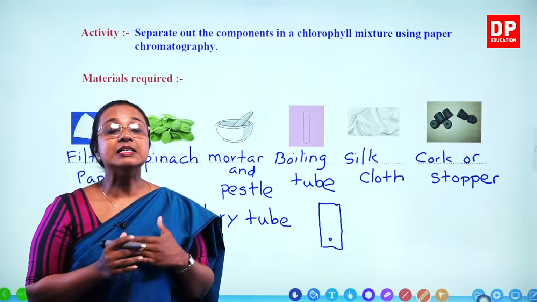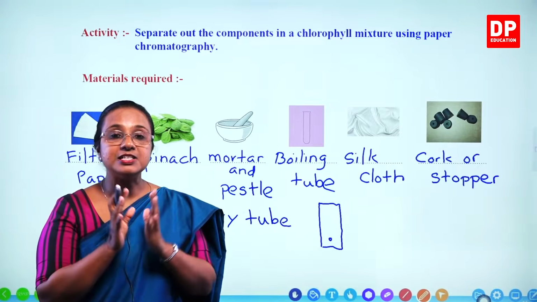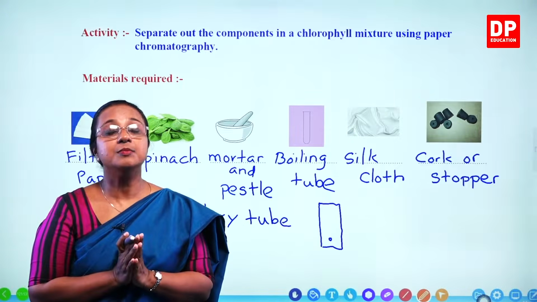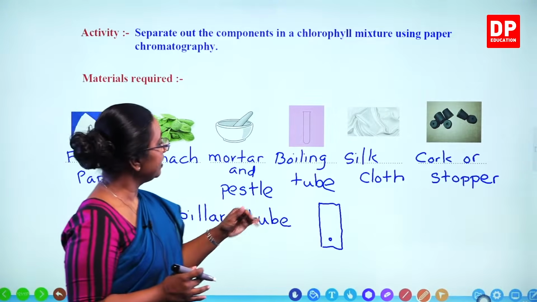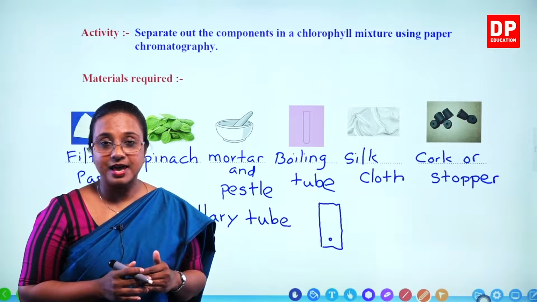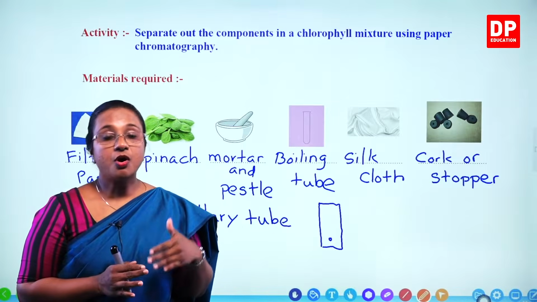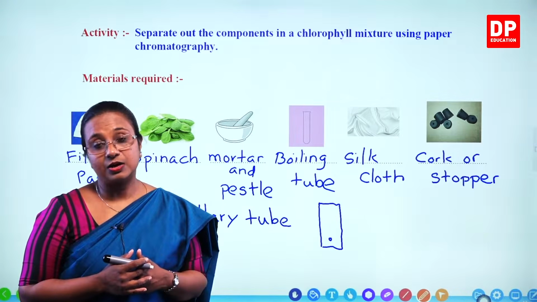That will be the stationary phase. The paper is the stationary phase that is ready to be dipped in the mobile phase. Then we take a small amount of the mobile phase there. It can be water, it can be acetone or even ethyl alcohol.